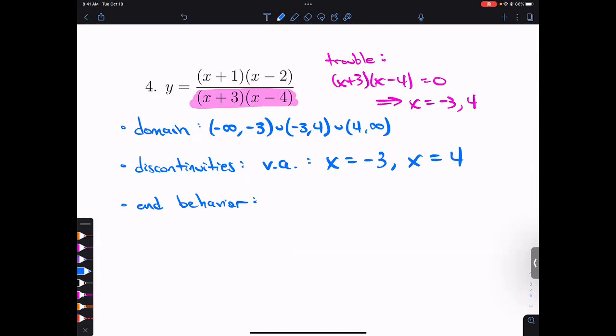Okay, so basically we're just classifying what happens at those 2 points that we already found. Just deciding, do I have what it would take for that to reduce out and make just a hole in the graph, or is it going to really break the thing and put in a vertical asymptote?